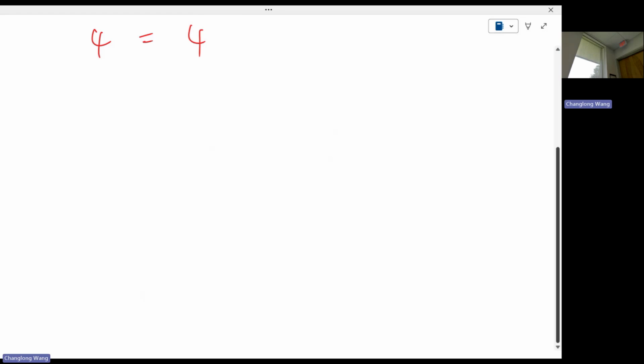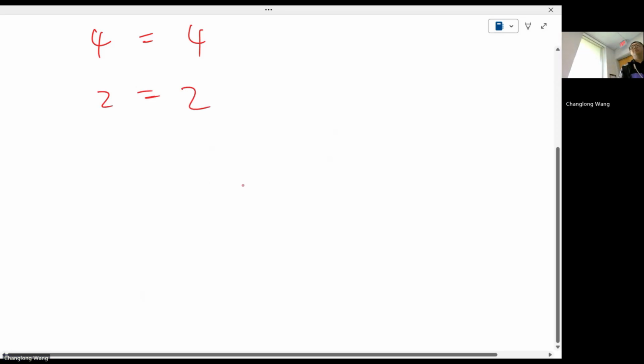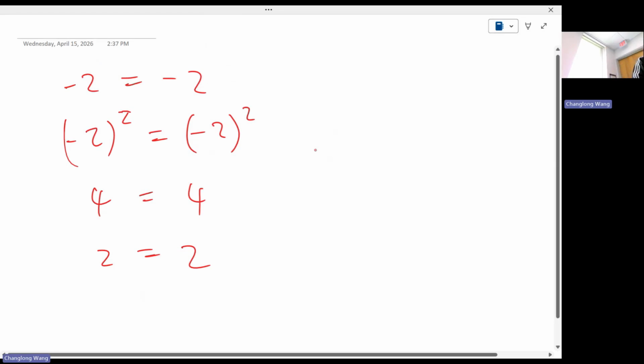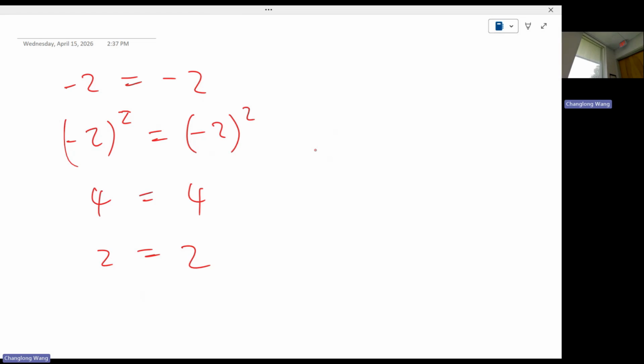Would you know it was -2 equal to -2 without me telling you that was the case? You'd say it's 4, it might be 2 equal to 2, right? What happened? Because squaring pays no respect to the negative sign. That means you introduced ambiguity by squaring the equation. It's valid going one way, but not the other way around. People won't know what's going on. And this is actually what's happening.